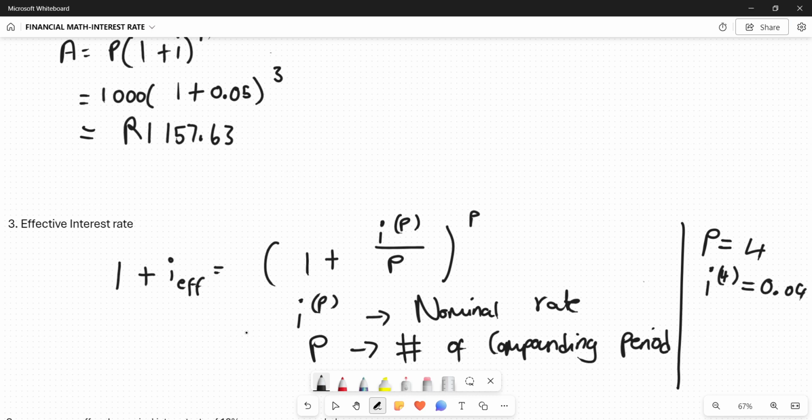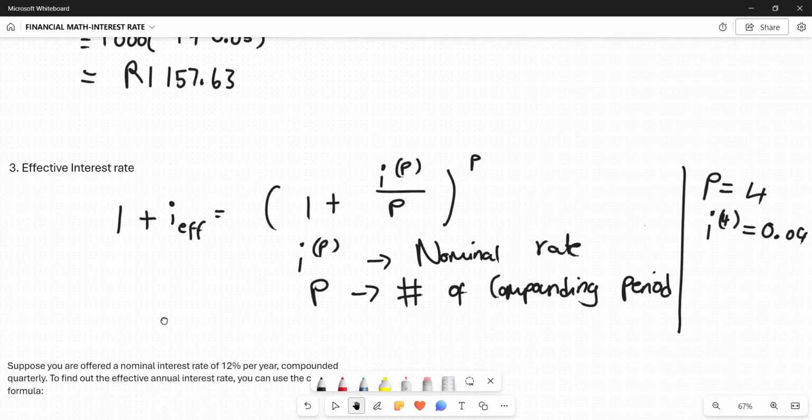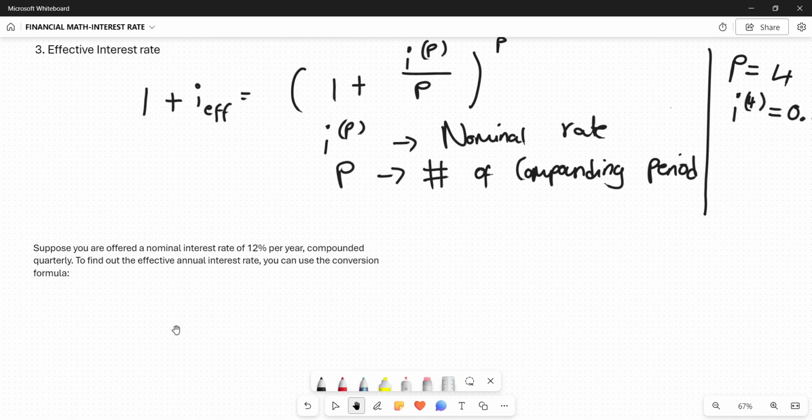So let's look at this example of how we can convert the nominal into the effective interest rate. Suppose you are offered a nominal interest rate of 12% per year, compounded quarterly. In order to find the effective interest rate, we use 1 plus i effective equals (1 plus i_p over p) to the power of p.